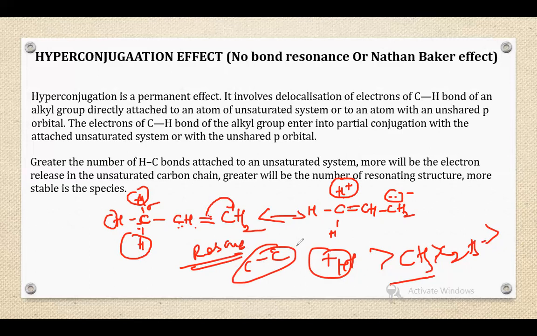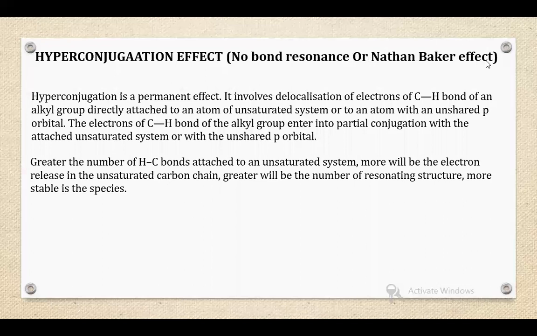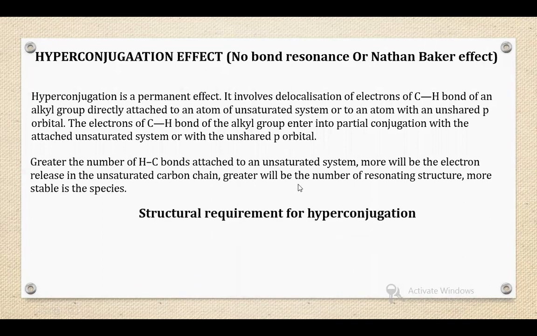If any groups are attached, delocalization takes place, meaning shifting of electrons, and that too of the sigma bond. You need to notice how hyperconjugation takes place and how we can represent the orbitals structurally.